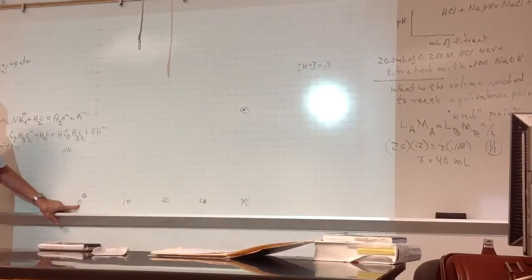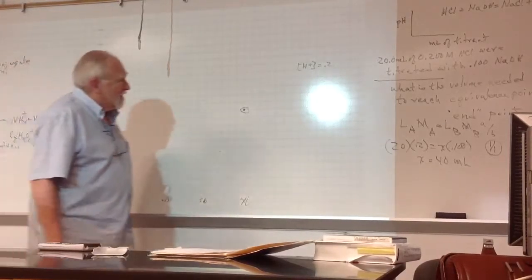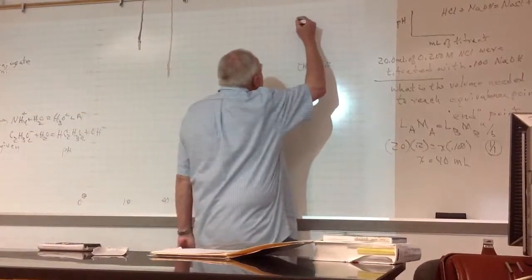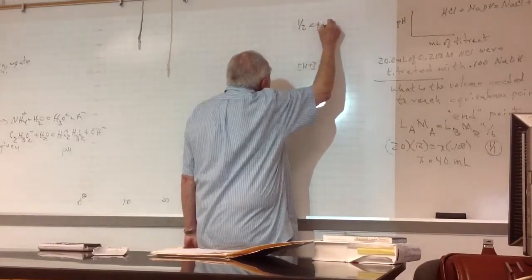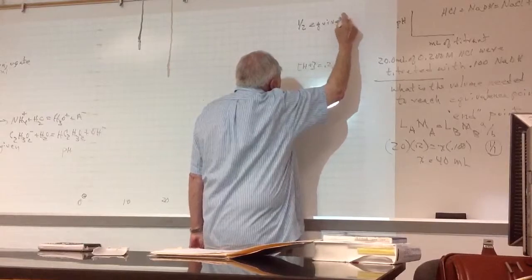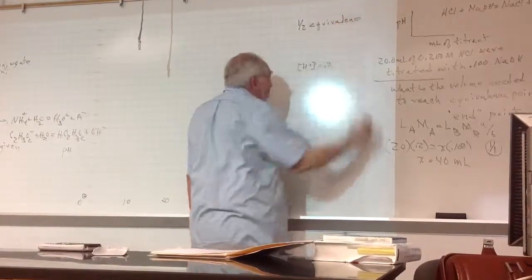We just calculated the pH of that particular solution. But now I'm going to ask you, one of the points I always ask, not always, but sometimes: at equivalence point, what the heck does that mean?